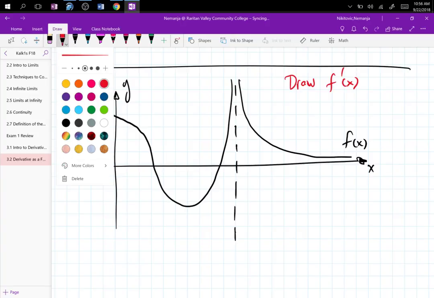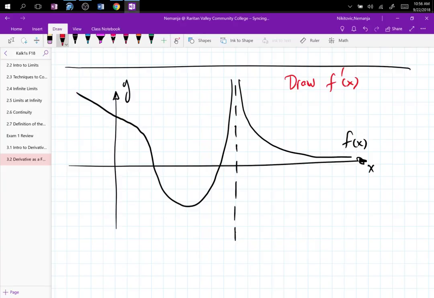Then, once you're done with vertical asymptotes, what's the next step to look at? I gave you 4 things. Number 1 was vertical asymptotes. What was number 2? Min and max. Every single min and max, in this case we only have 1, so there's a min over here.